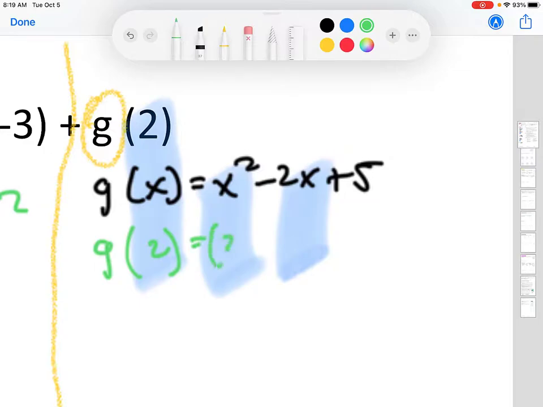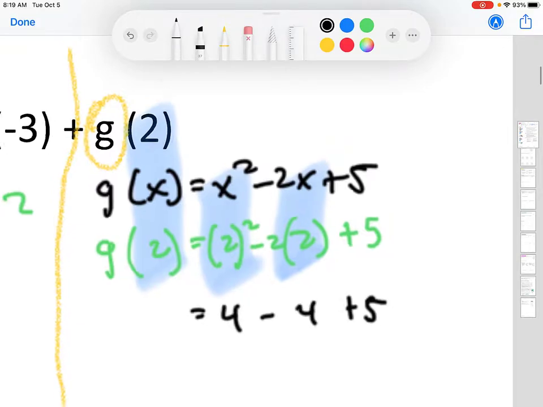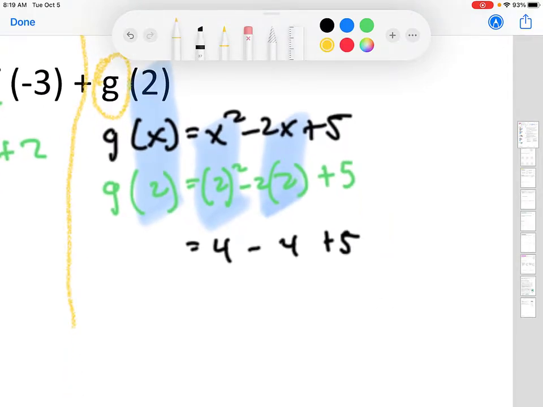So g of 2 equals 2 squared minus 2 times 2 plus 5. And I'm going to do the exponents, so that would be 4 minus 4 plus 5. 4 minus 4 is 0, so g of 2 equals 5.